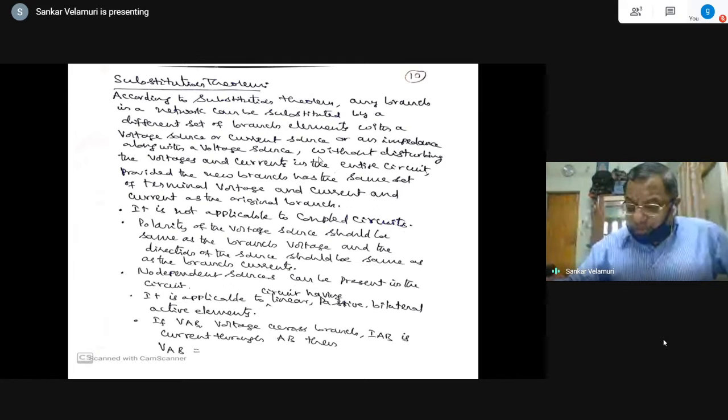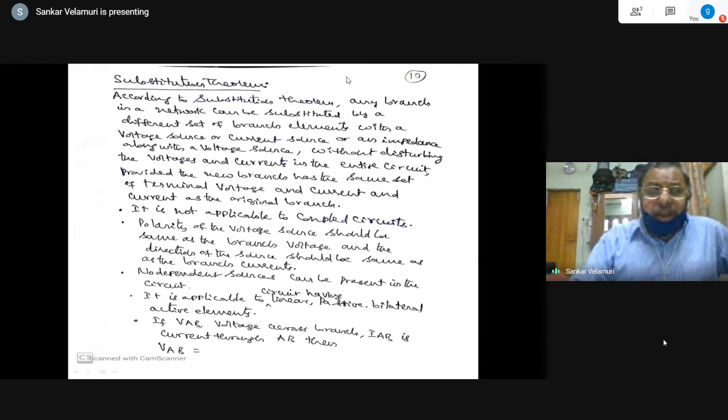Between a pair of terminals AB, you can always replace it by another set of elements, be it a voltage source, another branch, or a current source representation, as long as the voltage across that pair of terminals, which is called the load branch, and the current flowing through it are retained. The equivalent can be done.